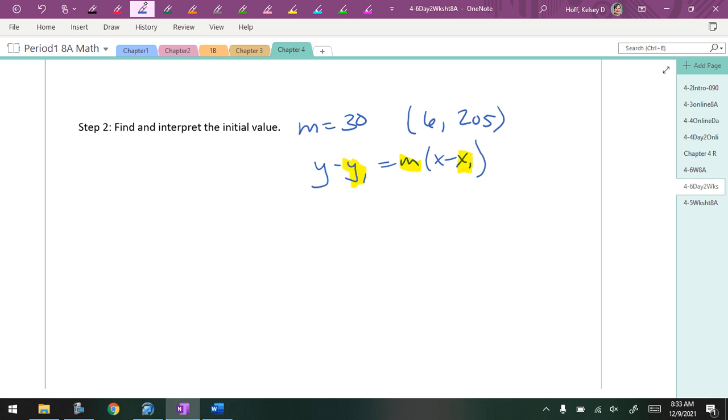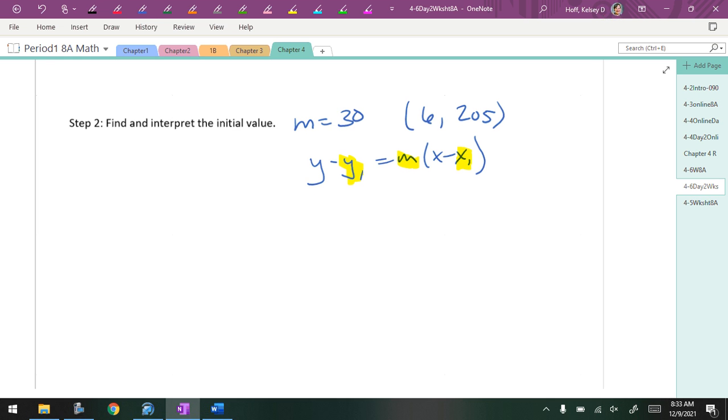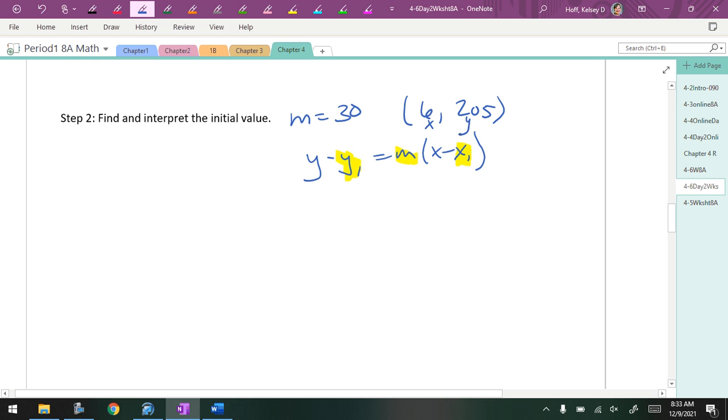Actually, y-intercept and initial value are the same, so you're okay saying it either way. Okay, so I should write y minus 205 equals 30. Very good. Okay, what's my next step?